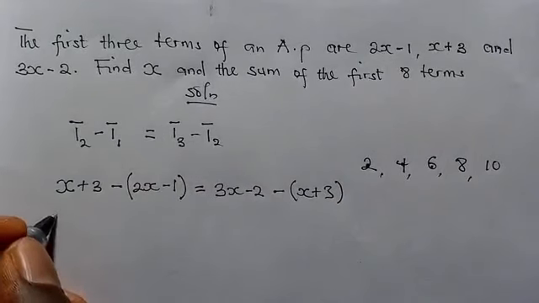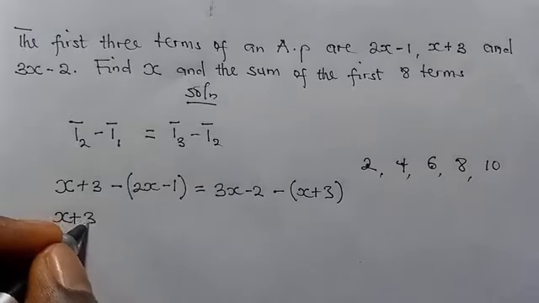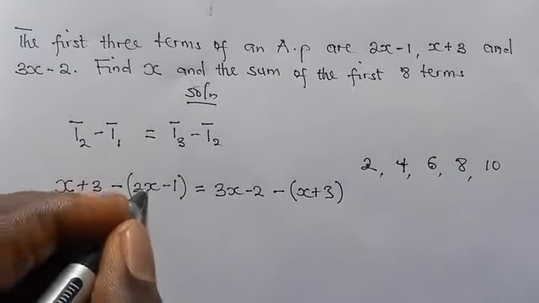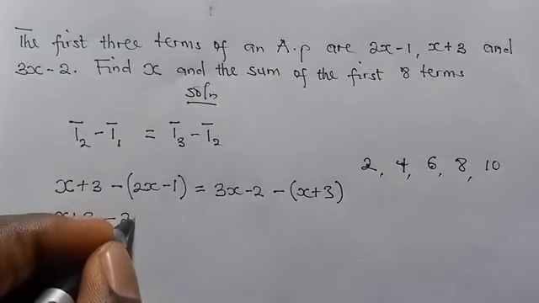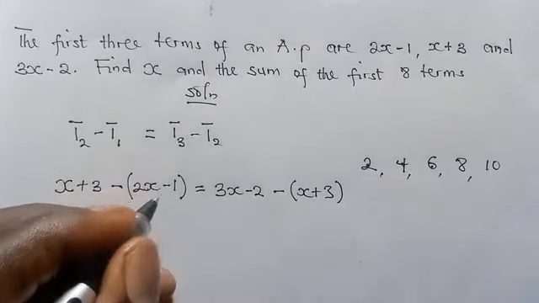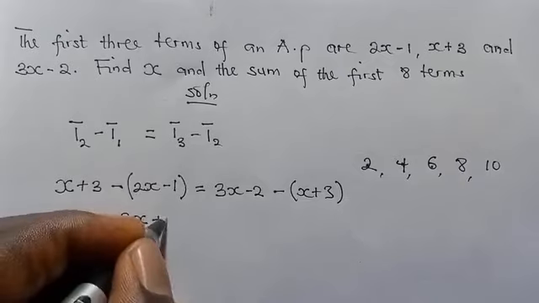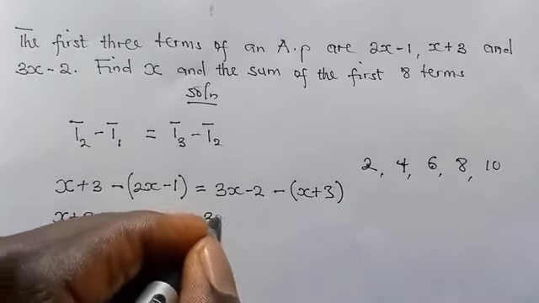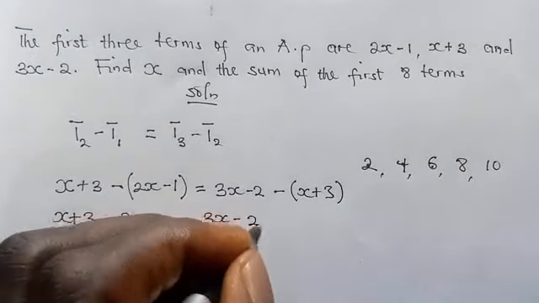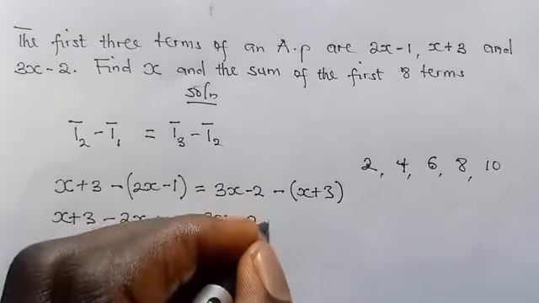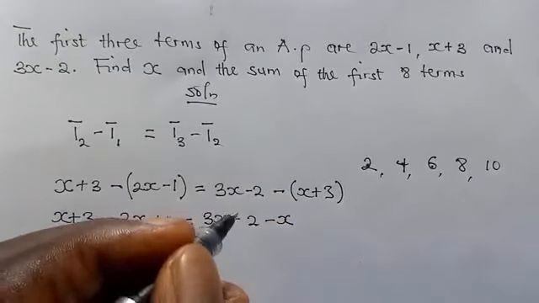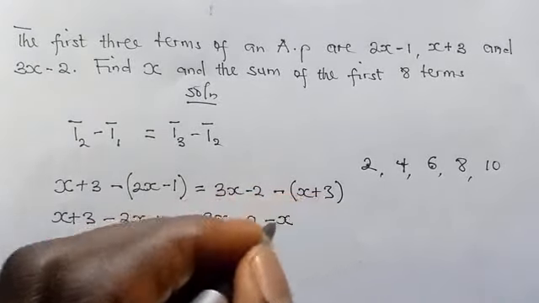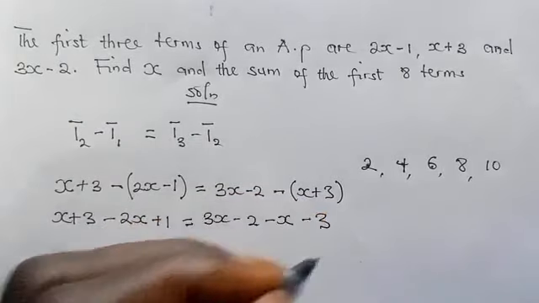Let's continue. x plus 3, opening this bracket, minus times 2x is minus 2x. Minus times minus 1, we have plus 1. That's equal to 3x minus 2, minus times x is minus x, minus times plus 3 is minus 3.